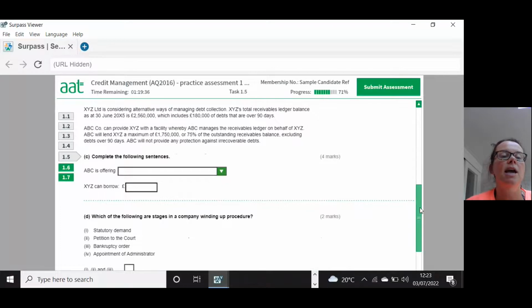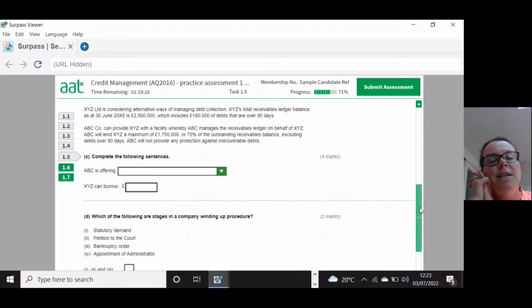XYZ is considering alternative ways of managing debt collection. XYZ's total receivables ledger balance as at 30th of June X5 is 2560, which includes 180,000 of debts over 90 days.